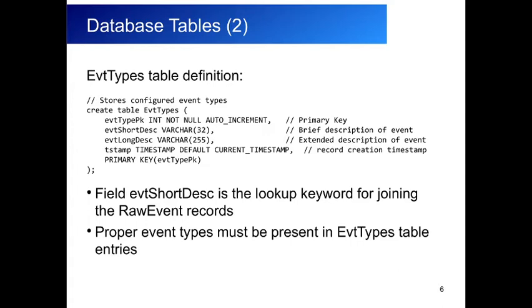The event type table definition is simple. Apart from the primary key, which is there for obvious reasons, we have a short description and a long description, and the timestamp, which is the creation timestamp of the record.